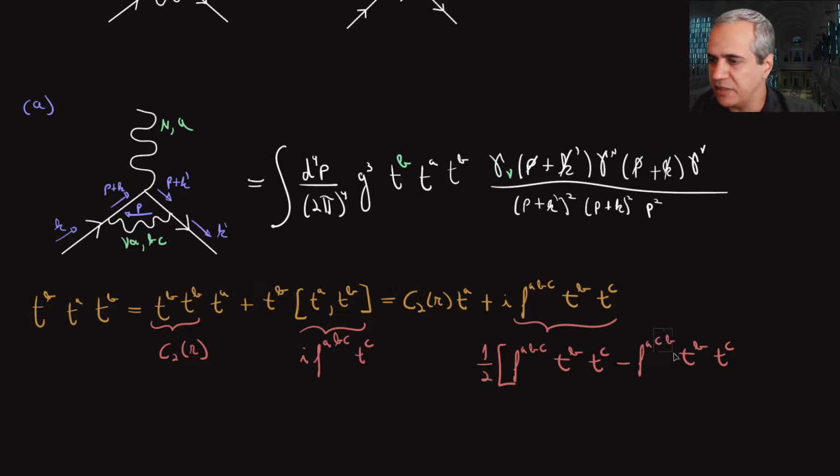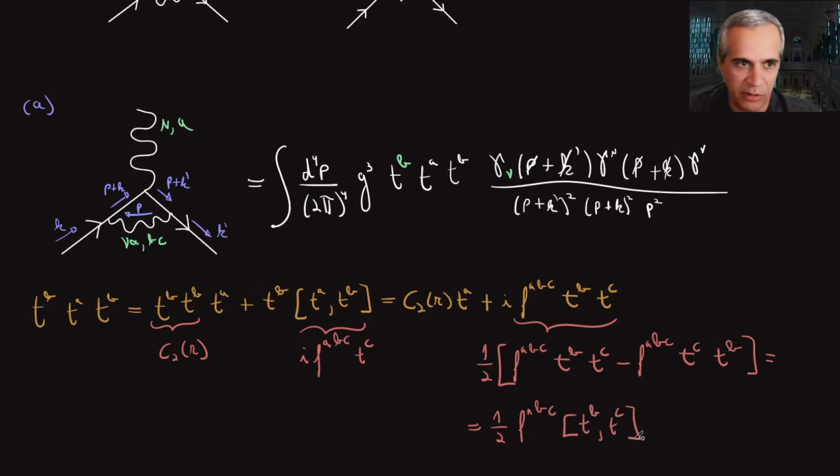So I rename C to B and B to C. So this turns back to BC, but here I get CB, which allowed me to write this as half of f^{ABC} times the commutator of TB and TC, which again is the algebra, so I got this product of twice the structure constants, f^{ABC}, i f, in this case, f^{BCD} TD.